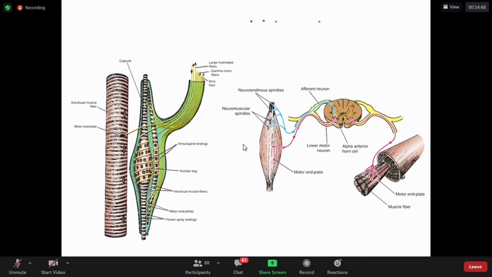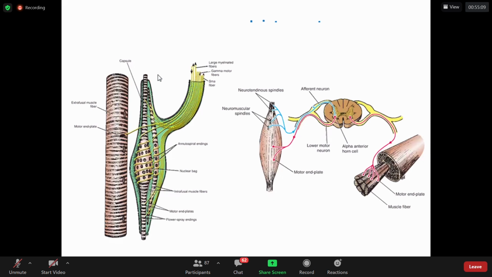I can directly stimulate the gamma motor neurons and the intrafusal fiber will contract, or I can indirectly bring contraction to these fibers by stimulating the extrafusal fibers through alpha motor neurons.